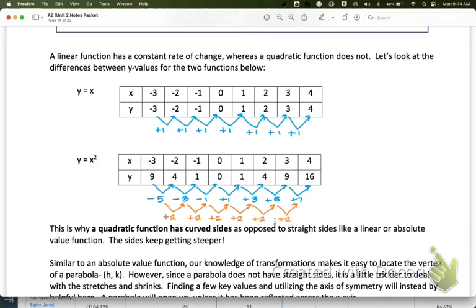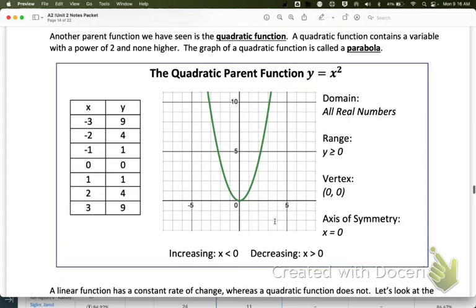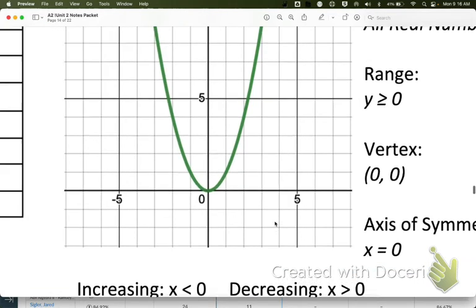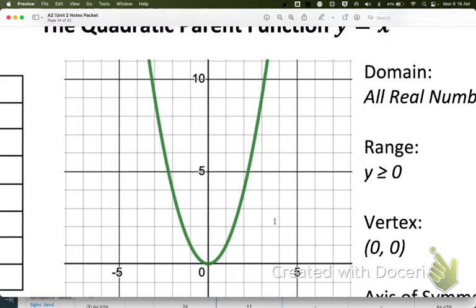And so if we go back and look at the graph here, what does that mean? This is why we end up with curved sides on a parabola. Normally, a line that has a constant rate of change is up 1 over 1, up 1 over 1, up 1 over 1. That's the linear parent function, constant rate of change like that.